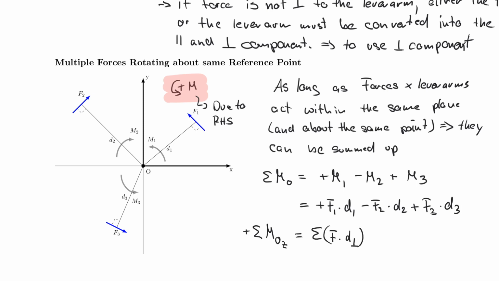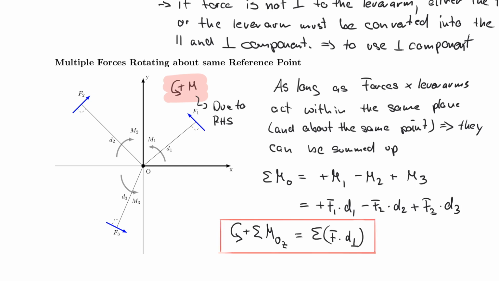And of course, we define counterclockwise positive because that's mathematically correct. And now we highlight this because that is an important concept to understand, especially for your upcoming homework, where you actually have to sum up different moments.